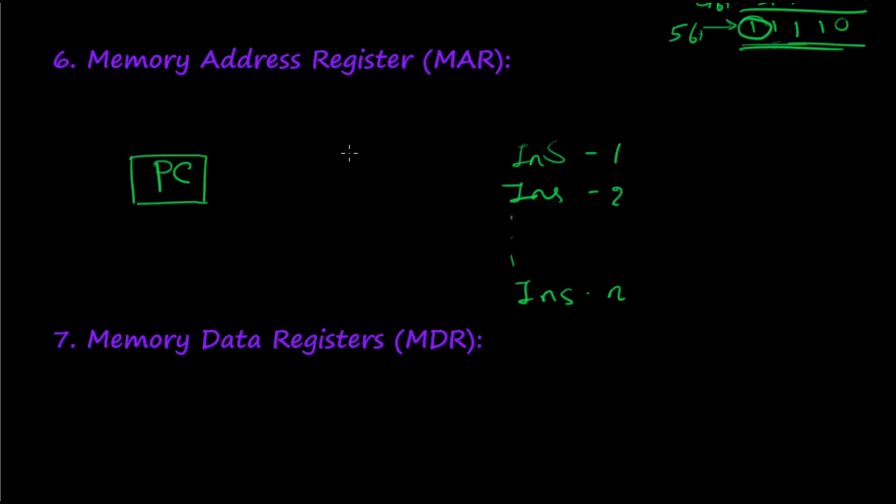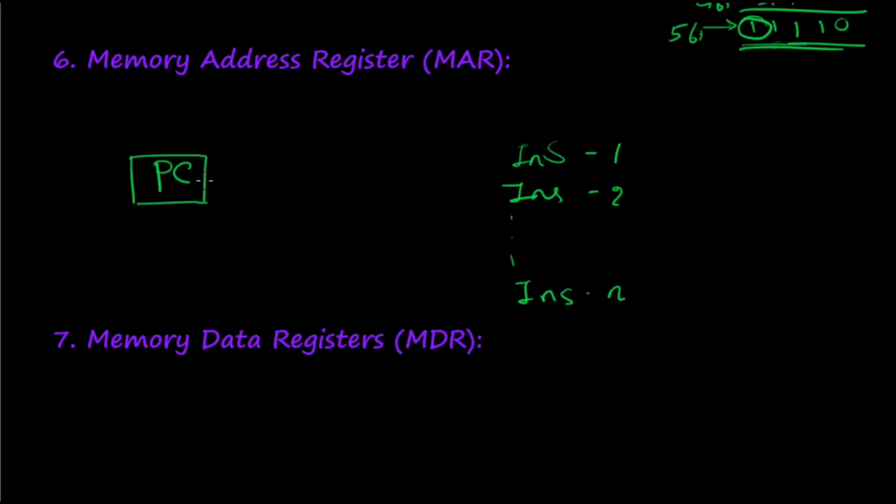Whenever you put data or an address inside the bus, there is nothing to do. The address will flow and reach the memory module or main memory. Sometimes we need a buffer to temporarily hold that address. We may not always require that address to be fed immediately.